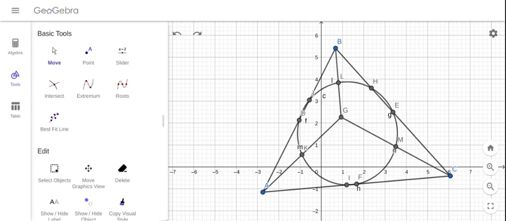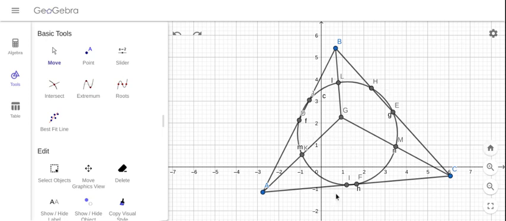And using that, and also some other points like midpoints for each side. So D, E, and F are the midpoints for AB, BC, and AC respectively.